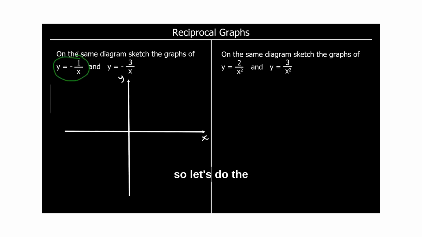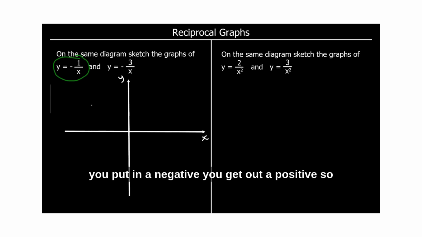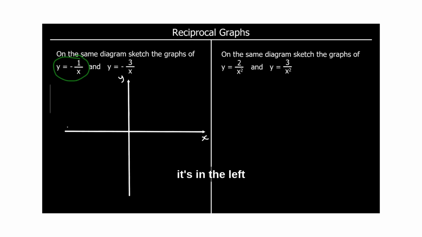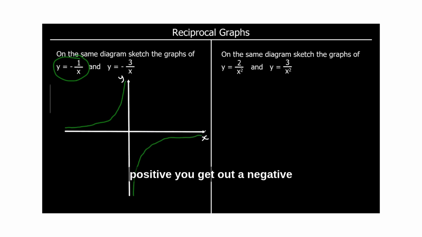So let's do the negative 1 over x. There's a negative graph. If you put in a negative, you get out a positive. So it's in the top left, and it's in the bottom right. If you put in a positive, you get out a negative.